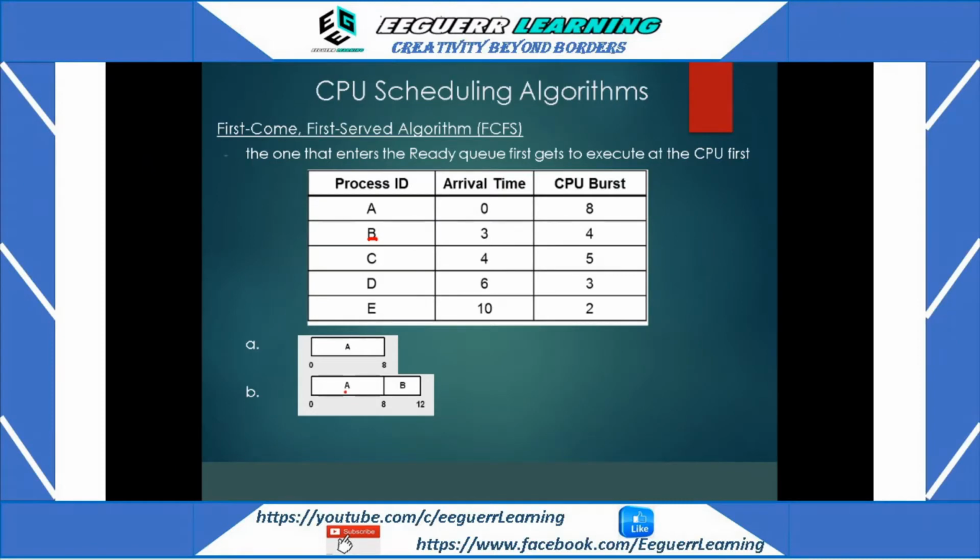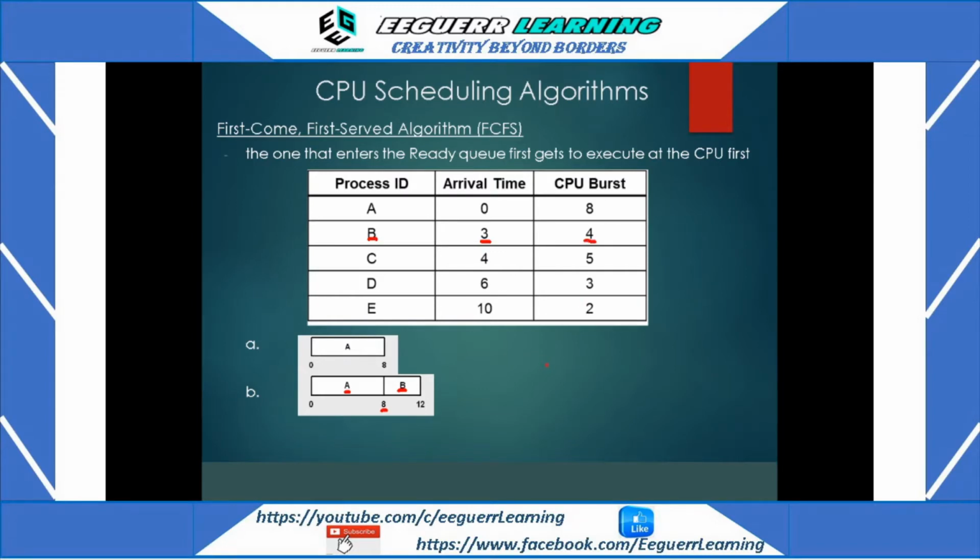Since we're done with letter A, the CPU can now schedule process B. From the time the CPU finished letter A, 8 milliseconds, it will accommodate the arrival time of letter B, which is 3, and add the CPU burst.